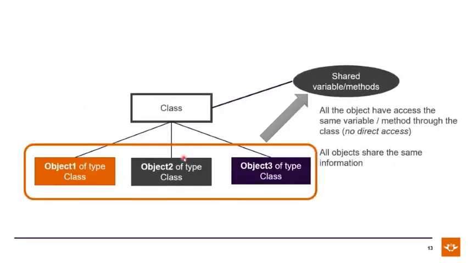So we have our class. We can create objects of that class. Everyone okay with objects? We then have shared variables. Shared variables are accessed via the class, not the objects. The objects know about the shared variables, but they don't have direct access.